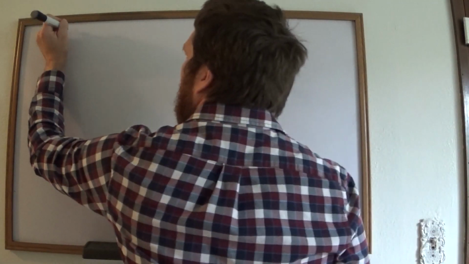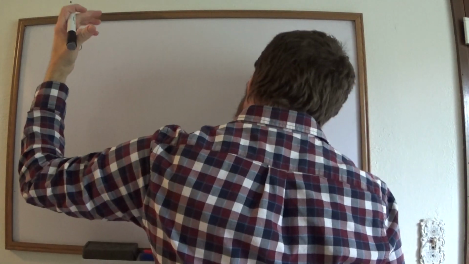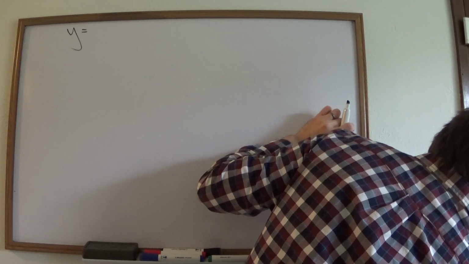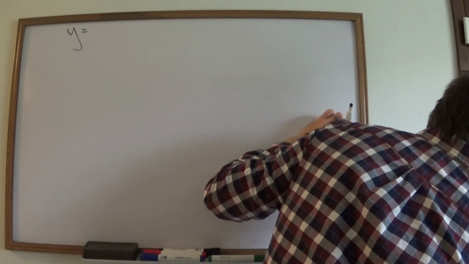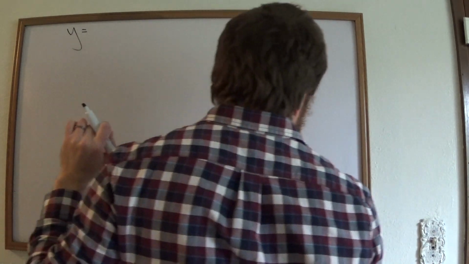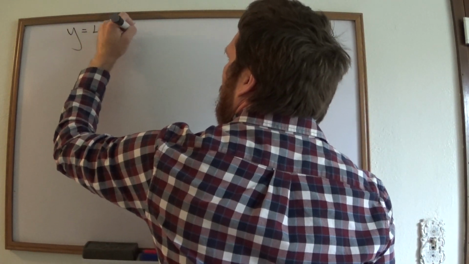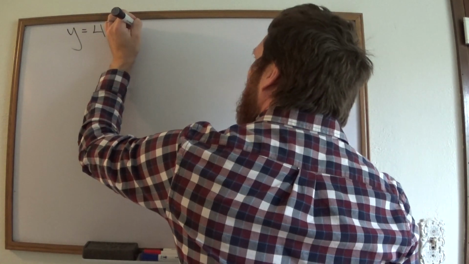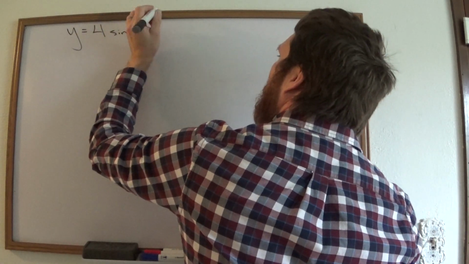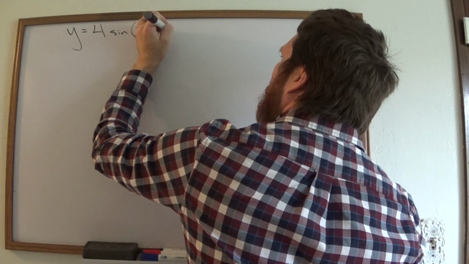And so I'm going to tell you to do something like this. Graph y equals, and let's do, how about, make sure this isn't the same one. This is going to be really bad.